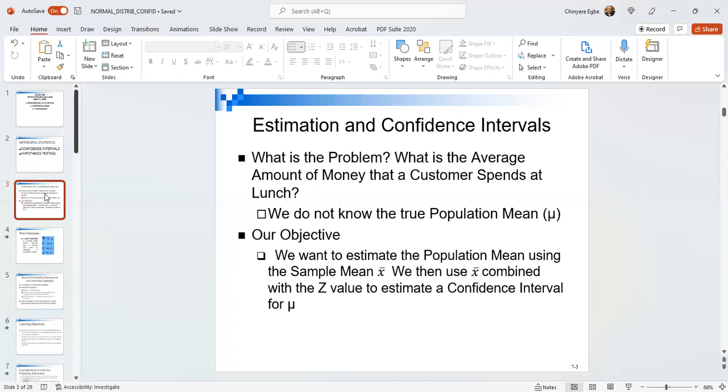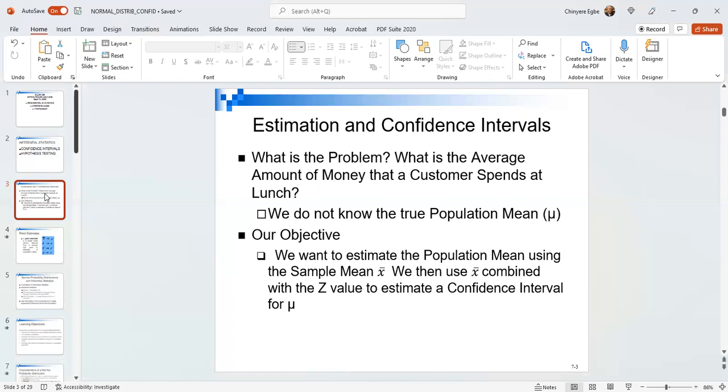What if we wanted to know the average amount of money that a customer spends at a restaurant? You own a restaurant, and you want to get an idea of the average amount of money that customers who come to your restaurant spend.